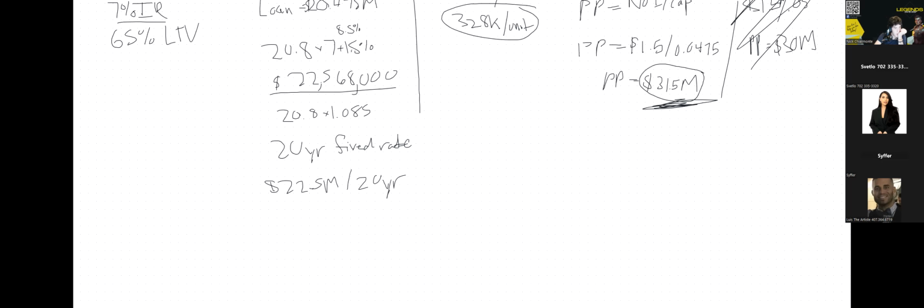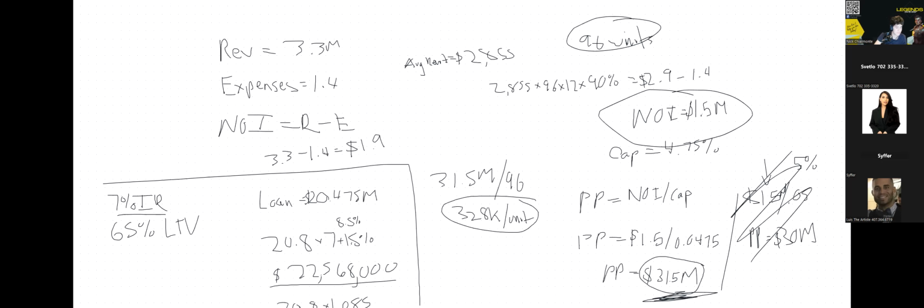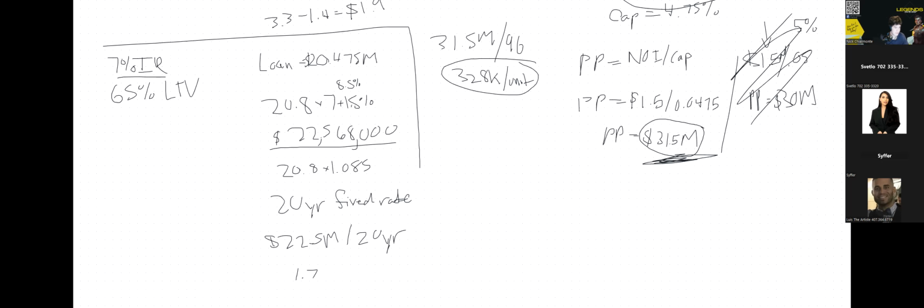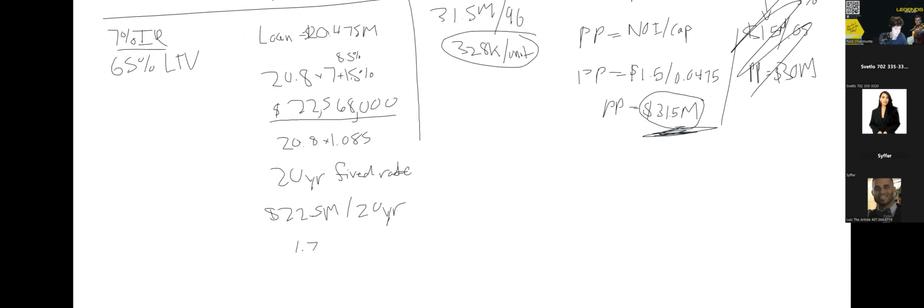On 20,475,000, 8.5% yearly is 1,740,375 yearly. That's the interest we're going to be paying with the 1.5 principal added to the 7%.